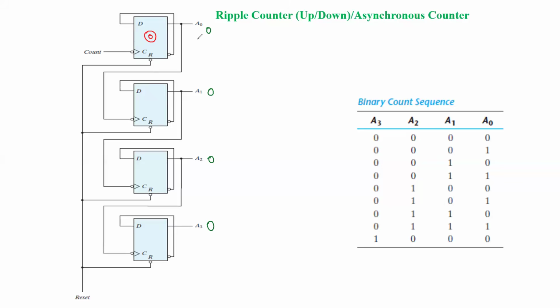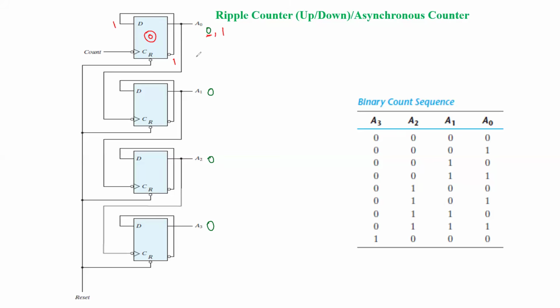What will that output be? Since initially A0 is 0, Q bar will be 1. This 1 is given back as the input, and finally A0 is going to be 1.